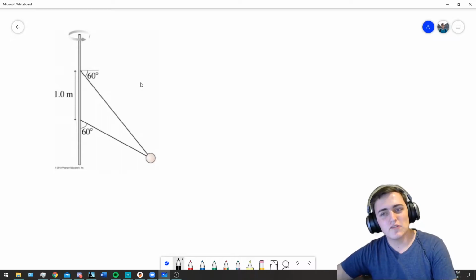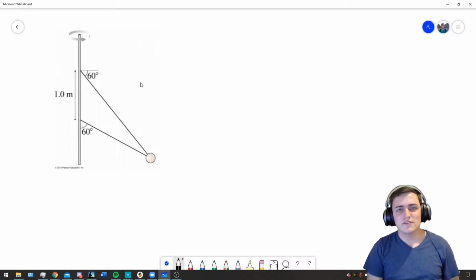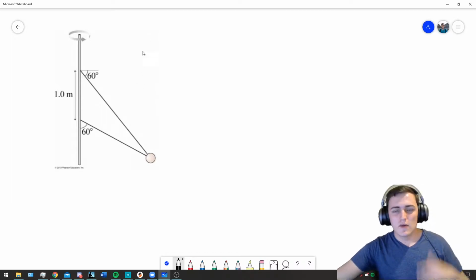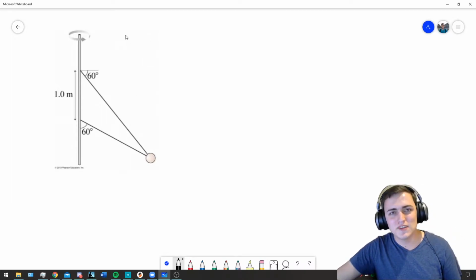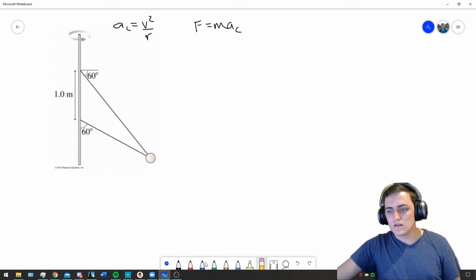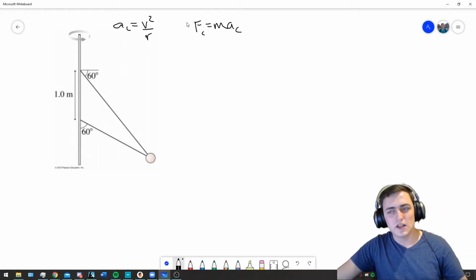We know the basics of centripetal acceleration. We know the basics of net force expressions, and we're just pressed to combine them together now. Remembering that centripetal acceleration is v squared over r, we have F equals ma, or we can say a_c, and we pair that with the centripetal force, which will generate some sort of acceleration.